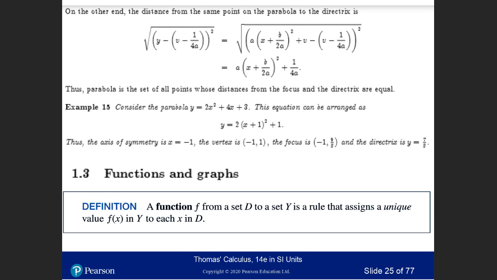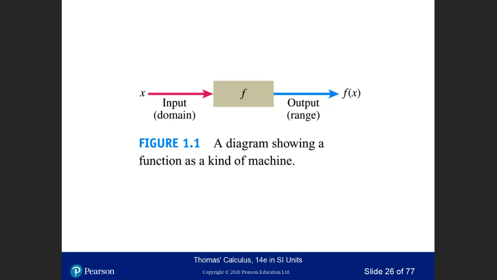Let's first define what a function is. As you can see here, a function f from a non-empty set D to a non-empty set Y is a rule that assigns a unique value f of x in Y for each x in D. We can pictorially show it like this.